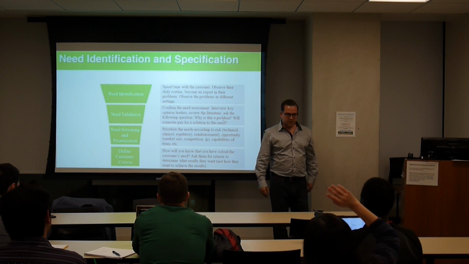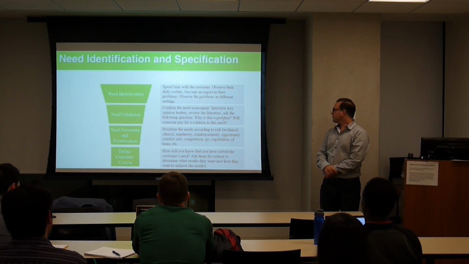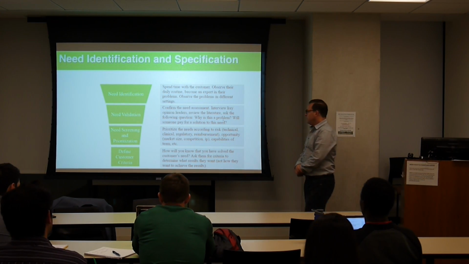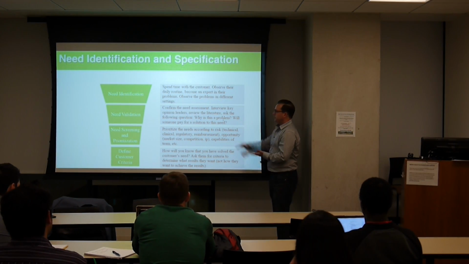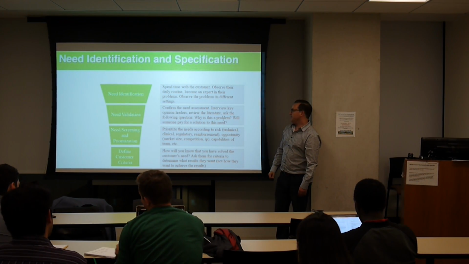Next one. Prioritize needs according to risk: technical, clinical, regulatory, reimbursement, opportunity, market size, competition, IP, capabilities of team, etc. So this will be when you're going more and more narrow into the need statement validation.